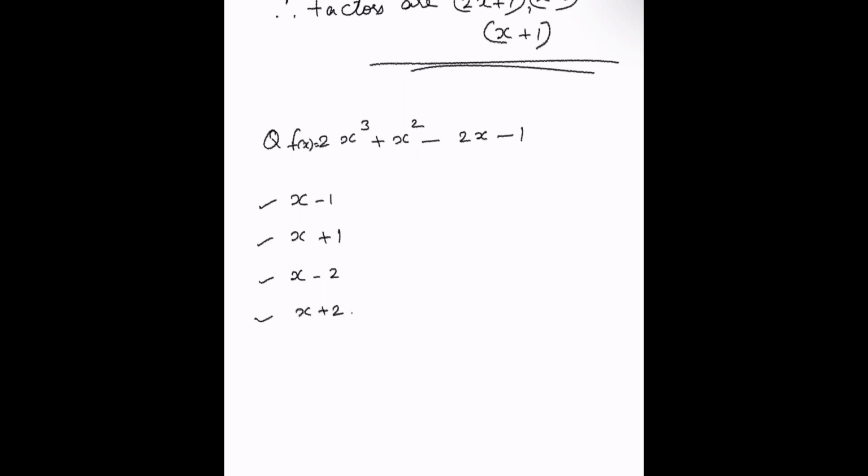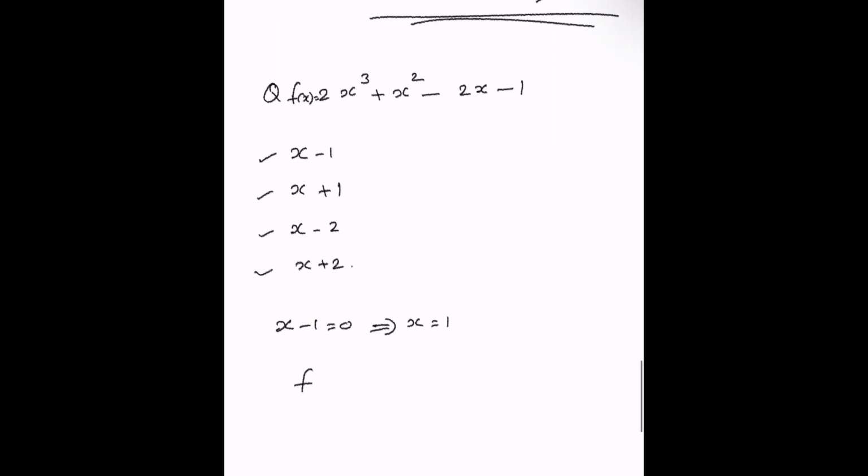So here, assuming x minus 1 is a factor, then x minus 1 equal to 0 implies x is equal to 1. Immediately put f of 1 and see whether you are getting the remainder 0. So 2 into 1 plus 1 minus 2 minus 1. I already got the answer: 3 minus 3 is 0.